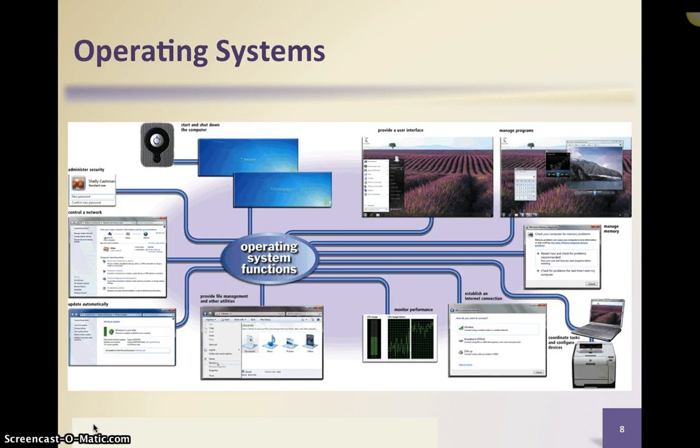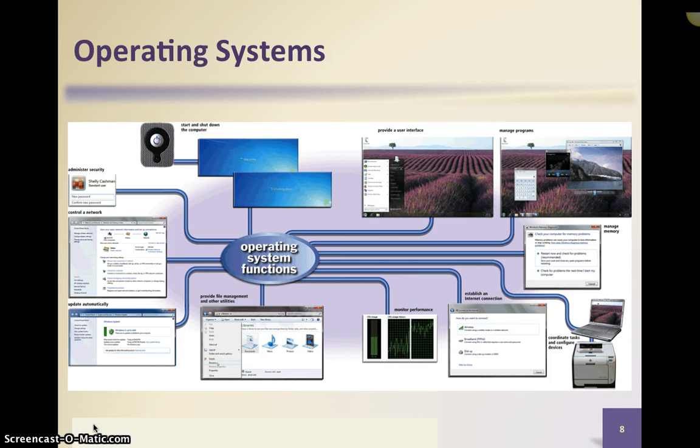It knows when to swap out memory, and what memory to use. It also helps to configure and manage the tasks for your external devices, such as printers and scanners and things like that. It establishes the internet connection. So every time that you connect to the internet, it is the operating system that is allowing that connectivity.